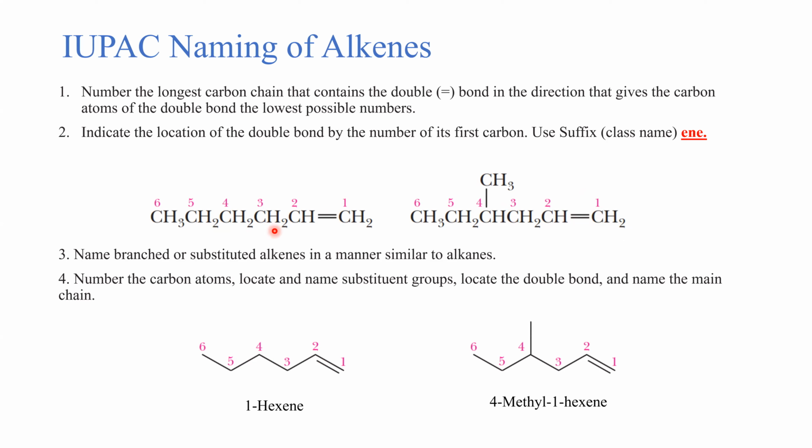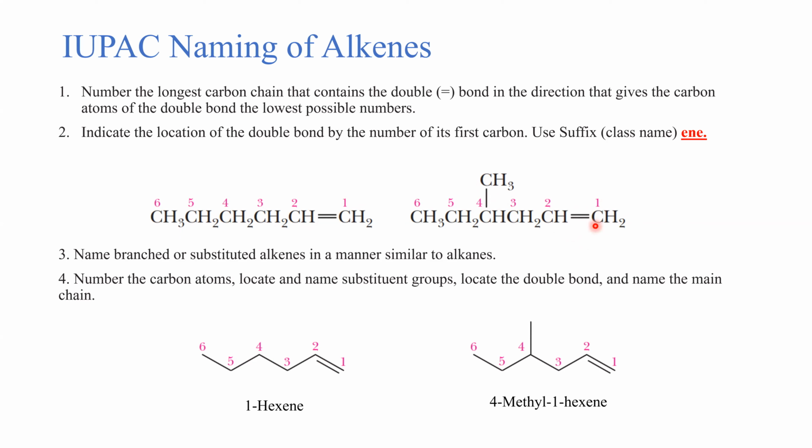Here is an example: this is a 6 carbon chain, 1, 2, 3, 4, 5, 6, and this is another molecule where there is a substitution at the 4th carbon. We will start numbering the chain from the side where the double bond is.